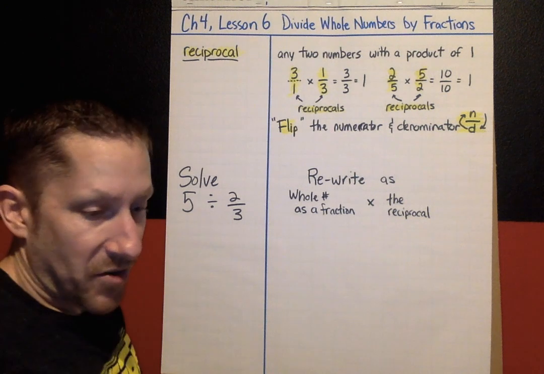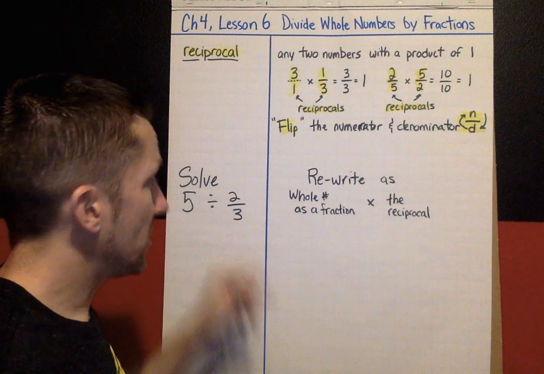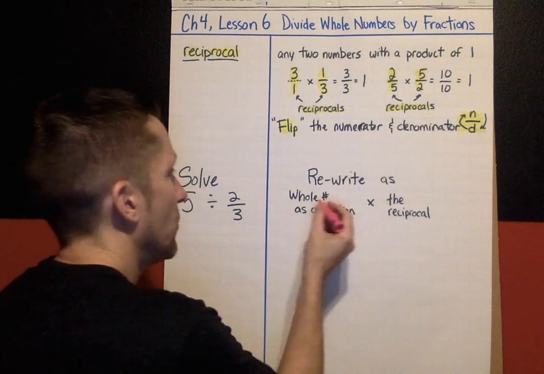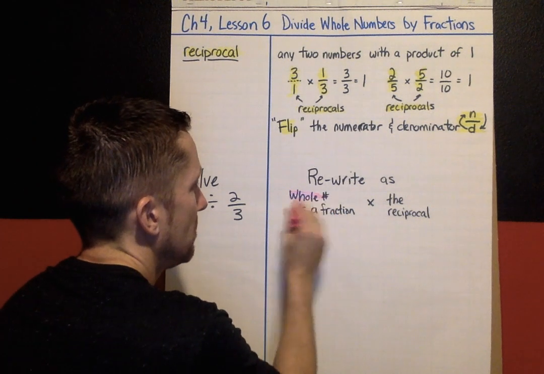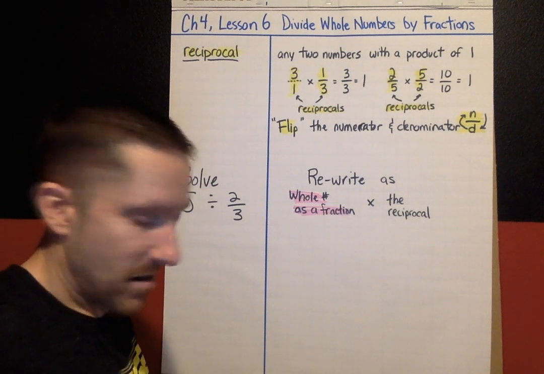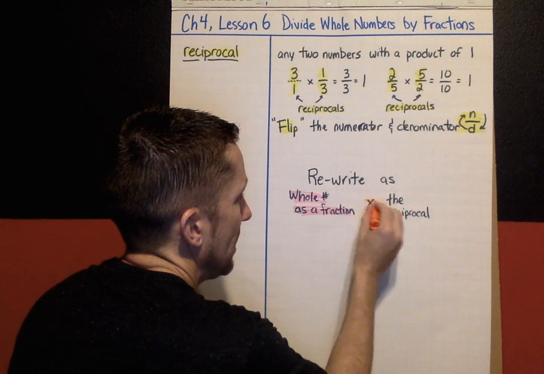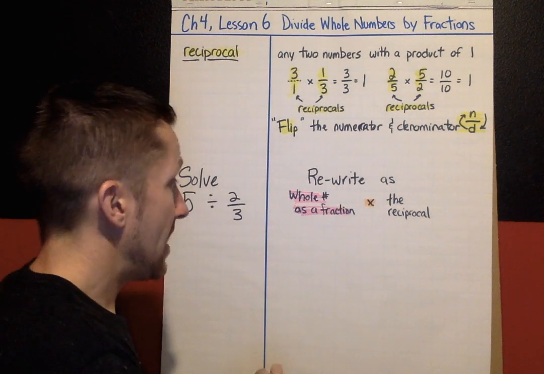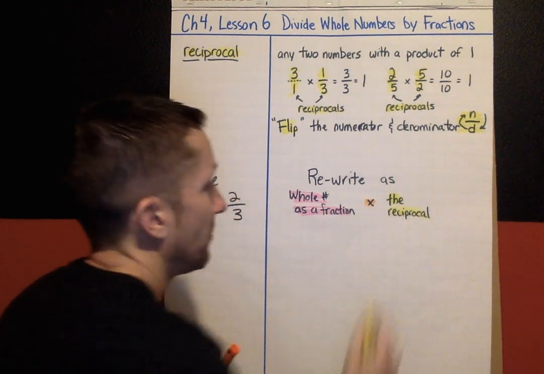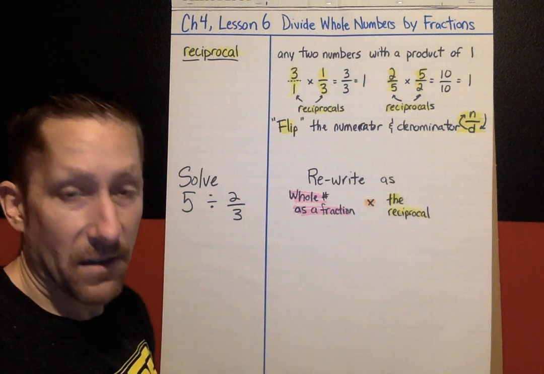So here is your strategy for all your problems today where it's a whole number divided by a fraction. So you are going to first rewrite the whole number as a fraction. You are then going to change divide into multiply. And the last thing is you're going to change the fraction to the reciprocal. So here's what that looks like all together.